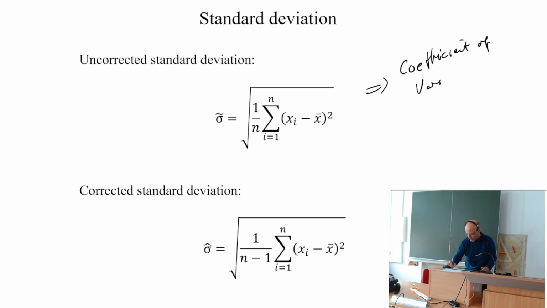of variation. And for this coefficient of variation, we just normalize our dispersion via our expected value or via our mean.